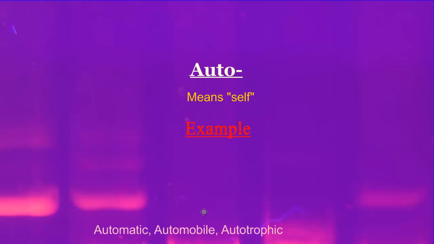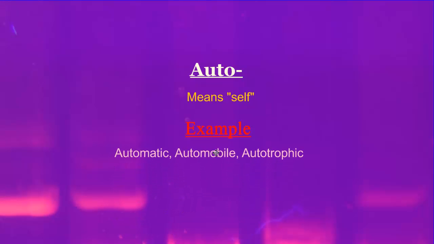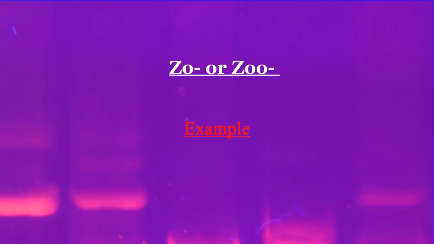Auto is the next prefix that's covered. Auto means self. Examples of auto used as a prefix are automatic, automobile, or autotrophic. The next prefix has two different spellings, refers to the same thing, and is pronounced pretty much the same way: zoo.